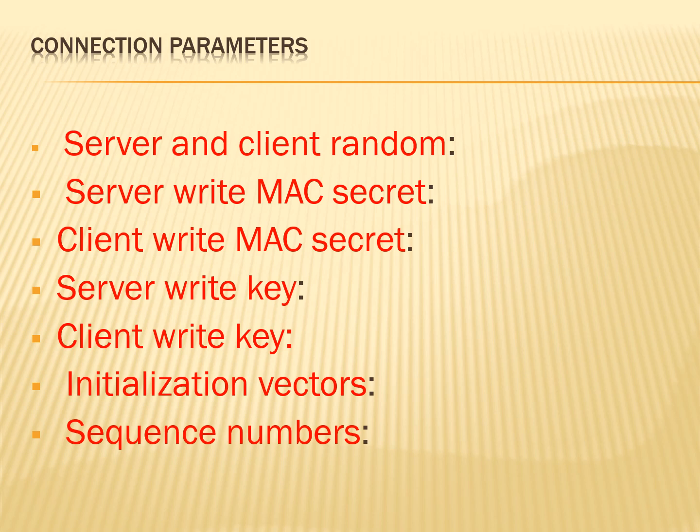Server write key. This is the encryption key for data encrypted by the server, and it will be decrypted by the client. Client write key. The symmetric encryption key for data encrypted by the client and decrypted by the server. Initialization vectors.